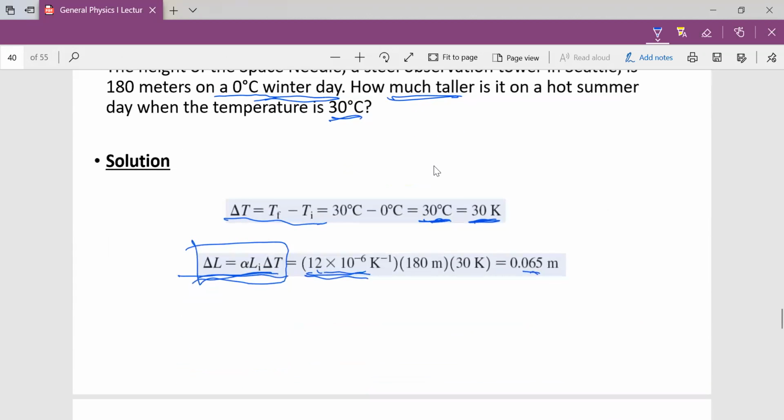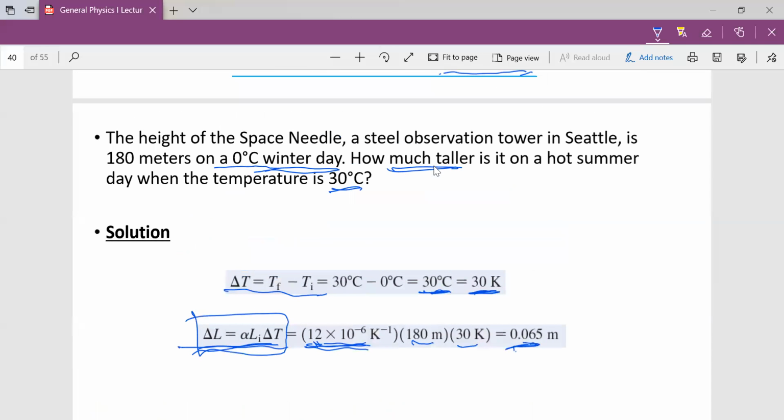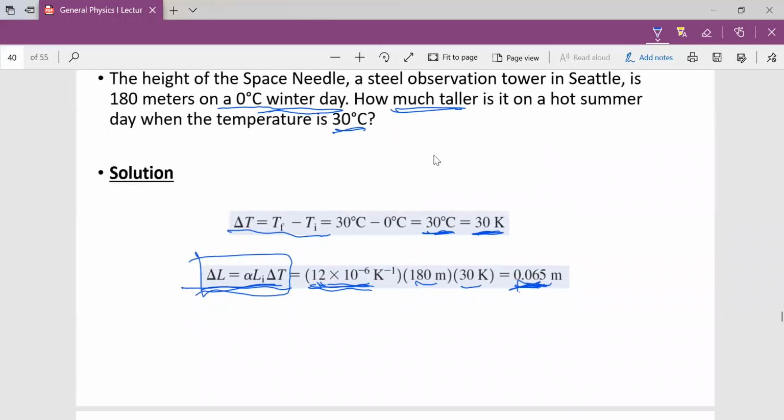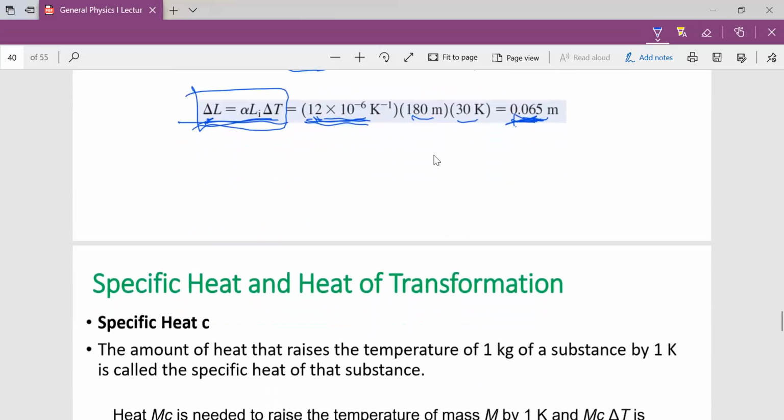So for iron and steel, we use the value, which is the coefficient of linear expansion, and the initial length given to us, multiplied by the temperature change. So the product of these three parameters gave us 0.065 meters. So this is by how much taller this observation tower will be. So the new length is going to be 180 plus this value, okay? But we're asked to find how much taller. That means we're just asked to find the change in the length, okay?